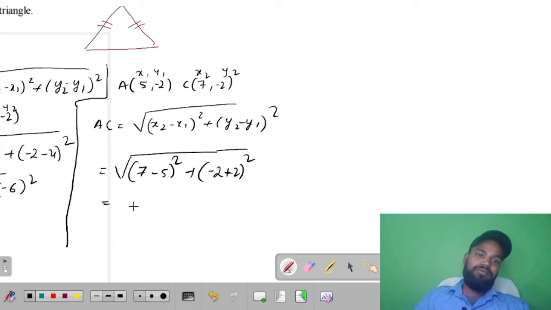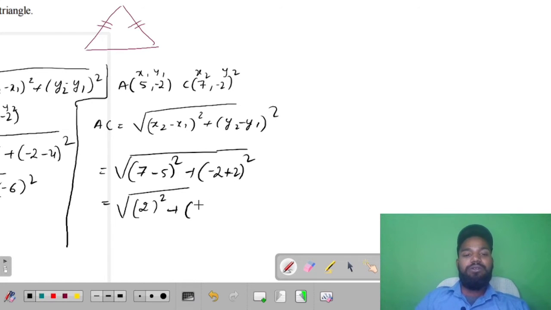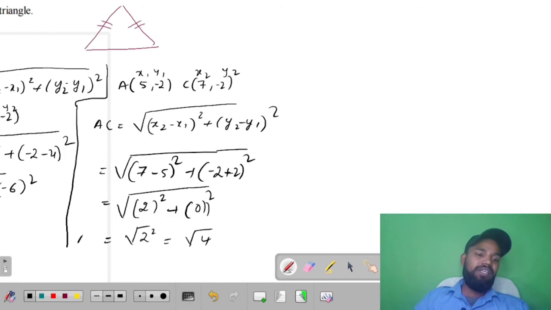So that is under root 7 minus 5, which is 2, 2 whole square plus (-2 plus 2), which is 0. So 2 square is 4. So under root 4 is the AC value.